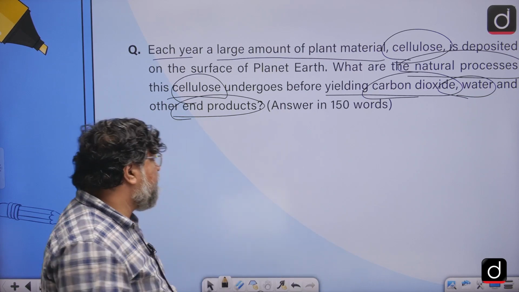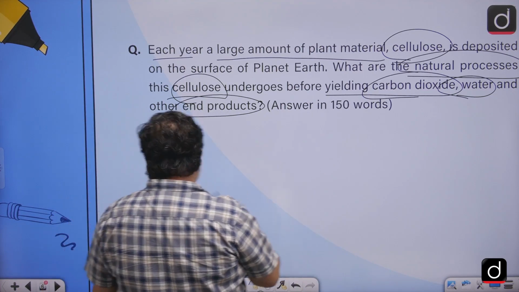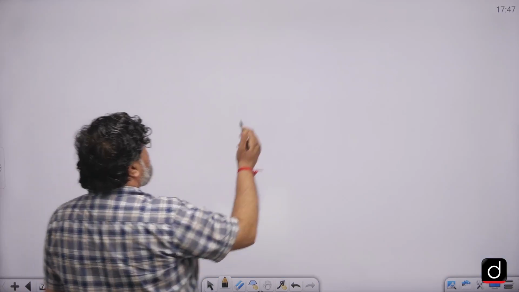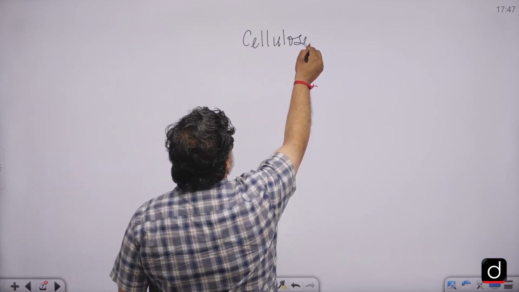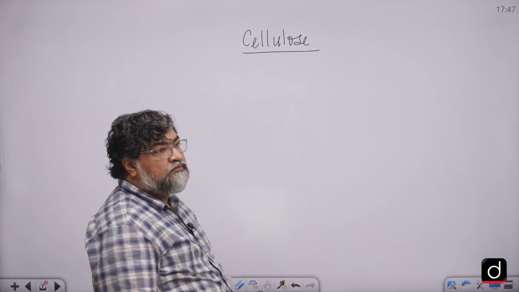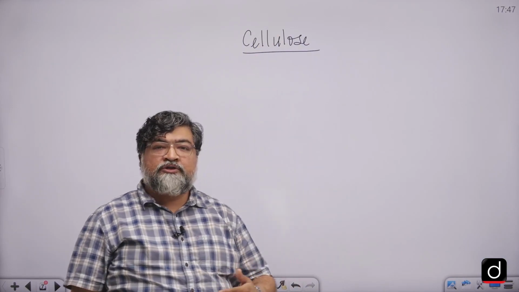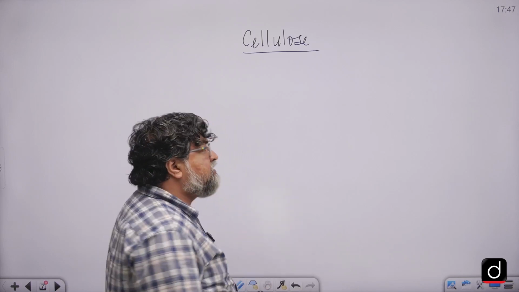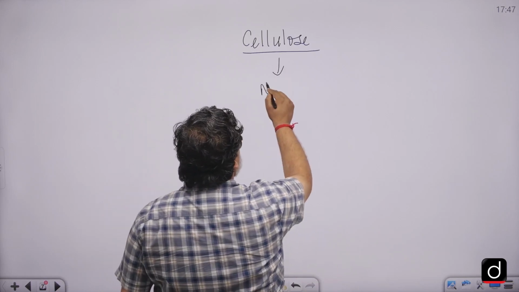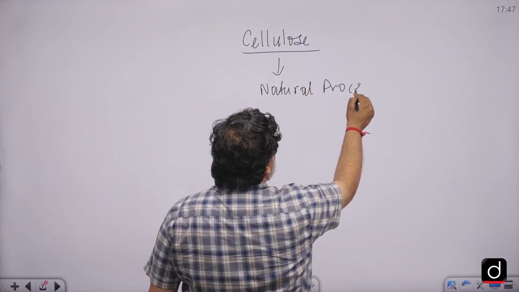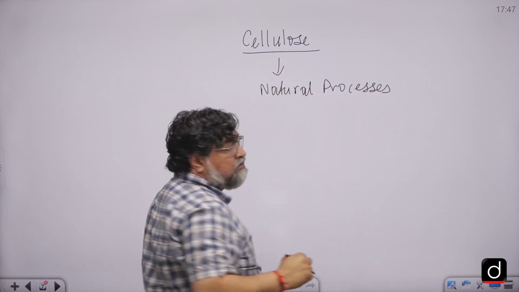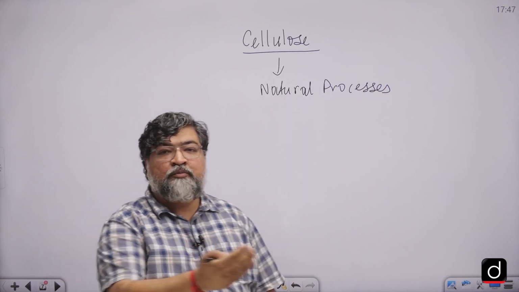Let's understand here. The main aspect of the question is about cellulose and the process of breakdown of cellulose, that is, natural processes. So it is not asking for a process, but for the processes, plural, a number of processes.